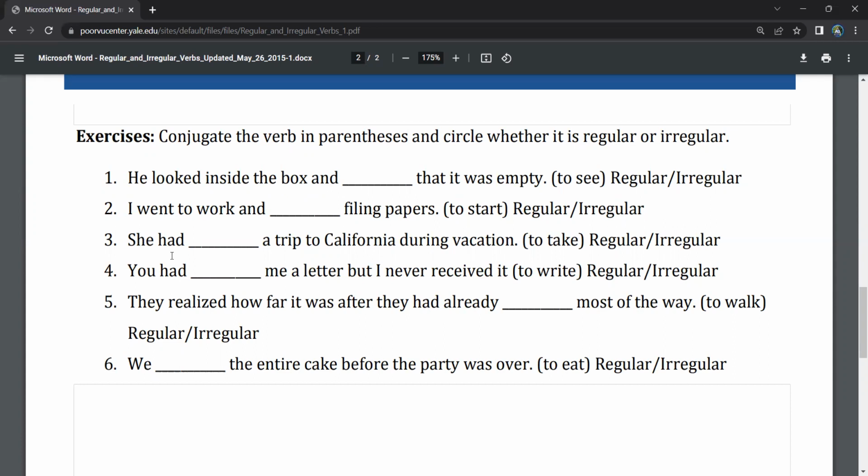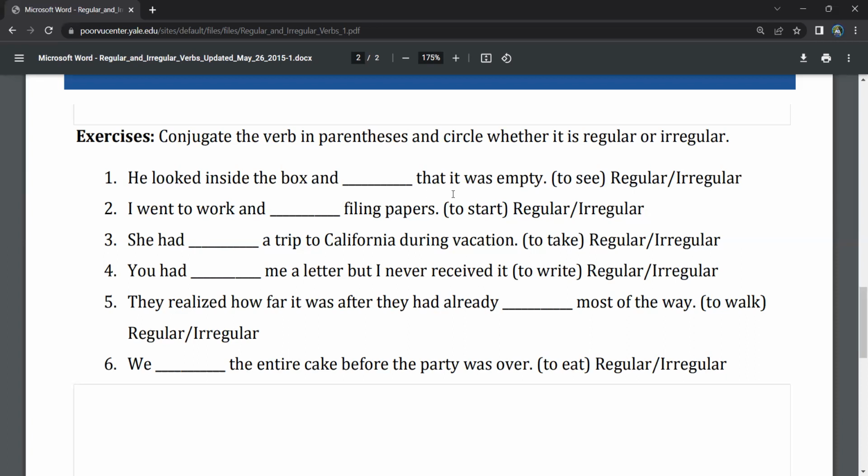She had. So we're going to use the past participle. She had blank a trip to California during vacation. To take. The correct answer is taken, because of the auxiliary verb had plus the past participle of the verb.